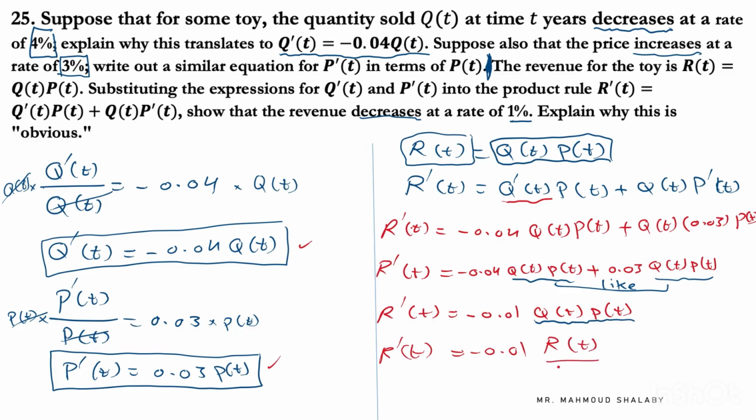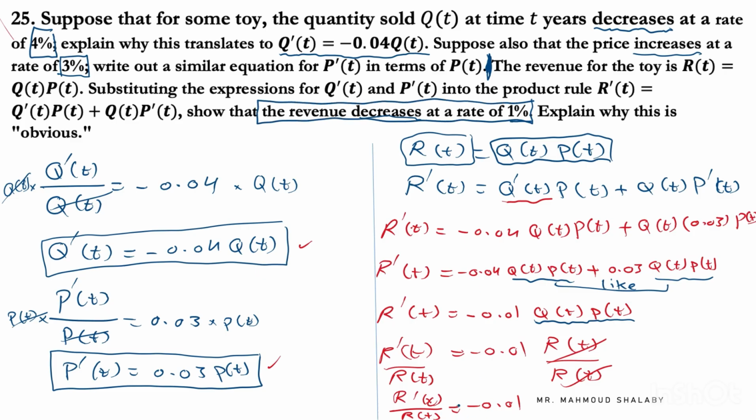Now, all I will do is divide by R of t on both sides, so these will be cancelled. Now R prime of t over R of t equals negative 0.01, which means what? Back in the question, show that the revenue decreases at a rate of 1%. This is what you will write in the answer.